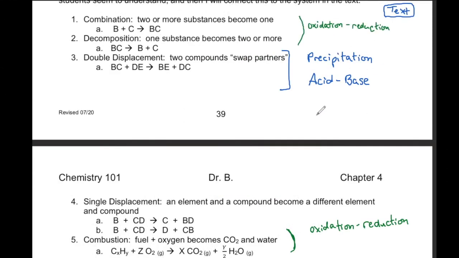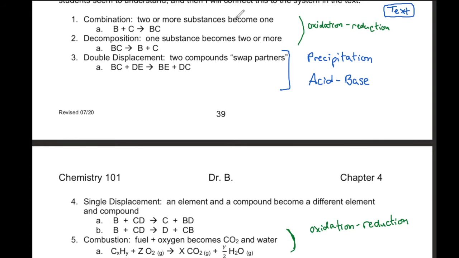So the 3 types of classification that your textbook uses are precipitation, acid-base, and oxidation-reduction reactions. Precipitation and acid-base are 2 types of double displacement reactions that we're going to take a closer look at. And then oxidation and reduction we're just going to look at sort of as something that can take place within a reaction.